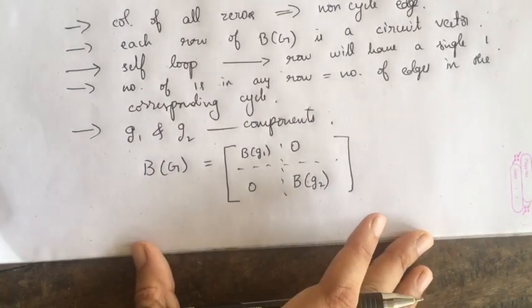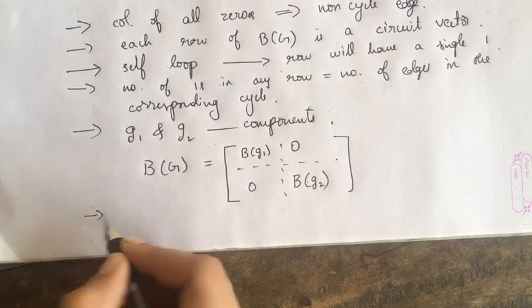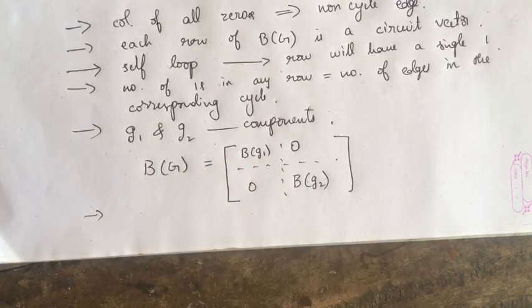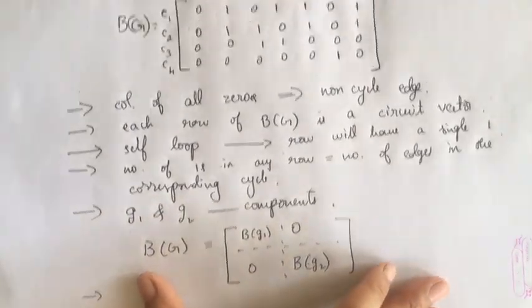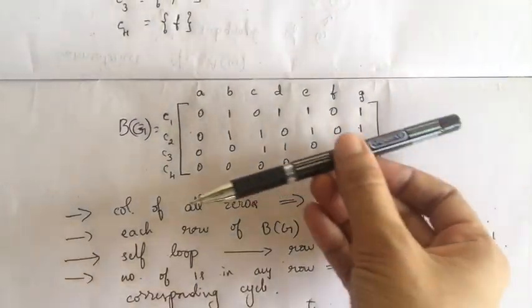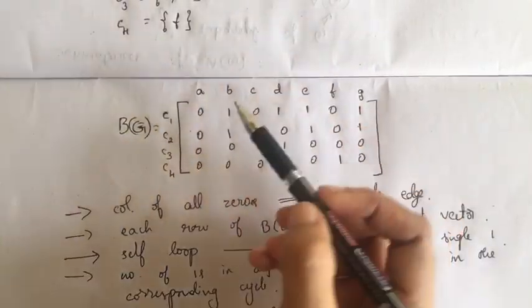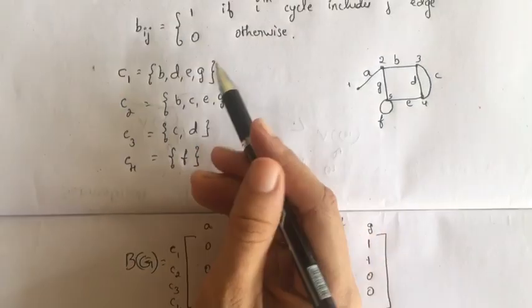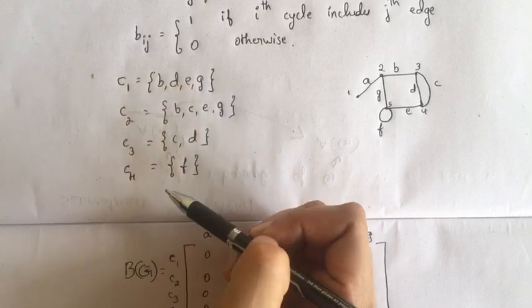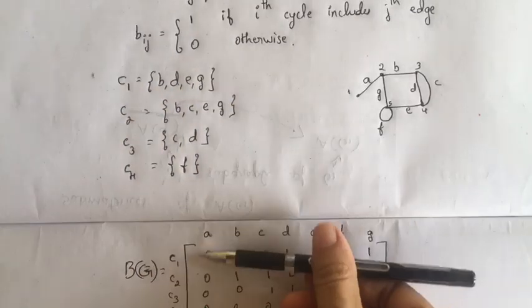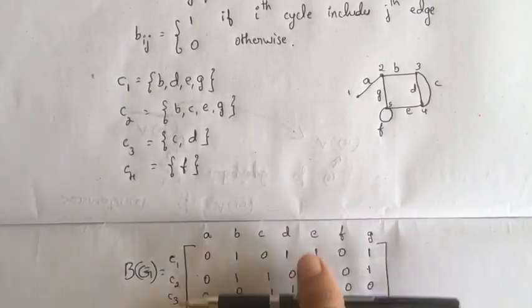And the last observation is that permutation of any two rows or columns in a circuit matrix simply corresponds to the relabeling of circuits and edges. I mean to say, if I name this cycle as C4 and this as C1, then this will be the permutation of any two rows.